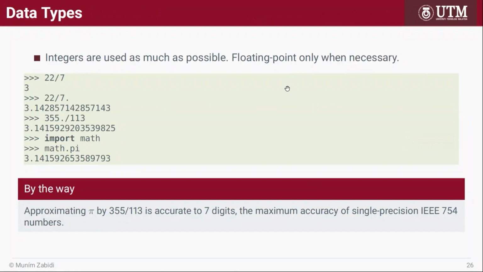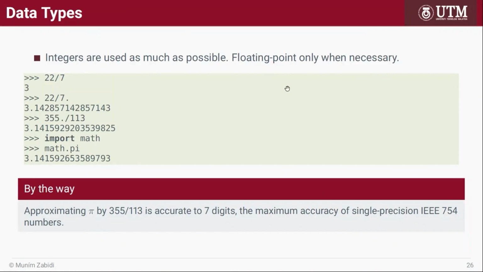So this slide, I think, is useless now. We've shown it just now. So in other languages, like in C, especially in C, the operations will be in integer as much as possible, and you will only convert to floating point when necessary.